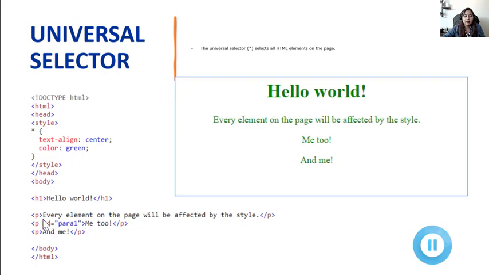Now, inside your body tags, even if you don't specify it, you may take note that you have your header and you have 3 paragraphs that are affected by that particular setting. Okay, so you have green and center for all of your headings and your paragraphs.